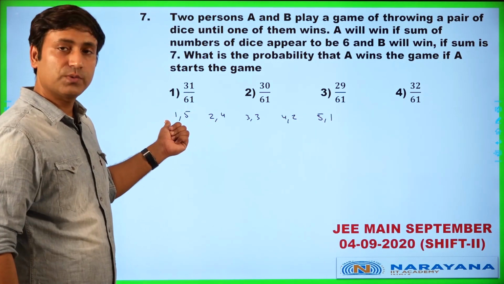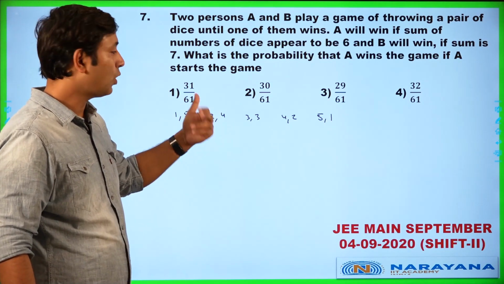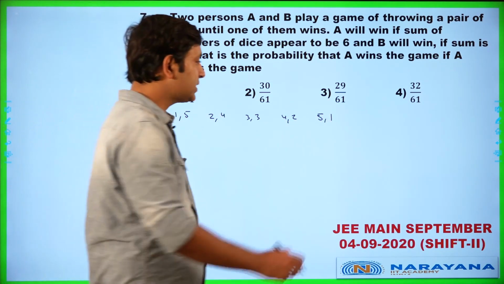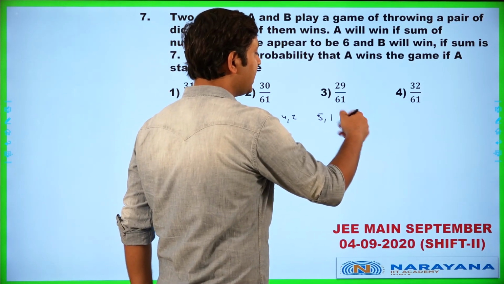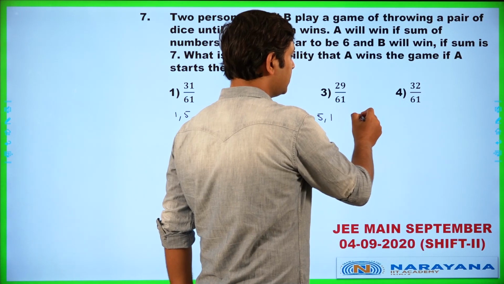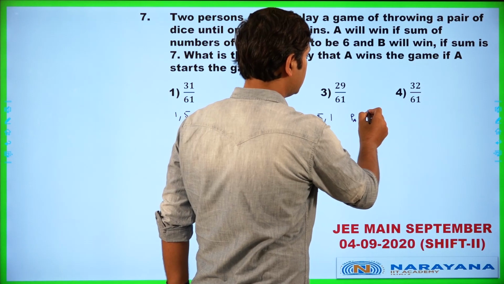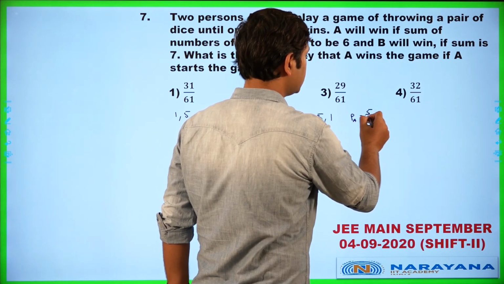Means first dice shows 1, second dice shows 5, or first dice shows 2, second dice shows 4, and so on. These are the 6 ways. The probability of A winning, so let us say PA, is equal to 5 upon 36.